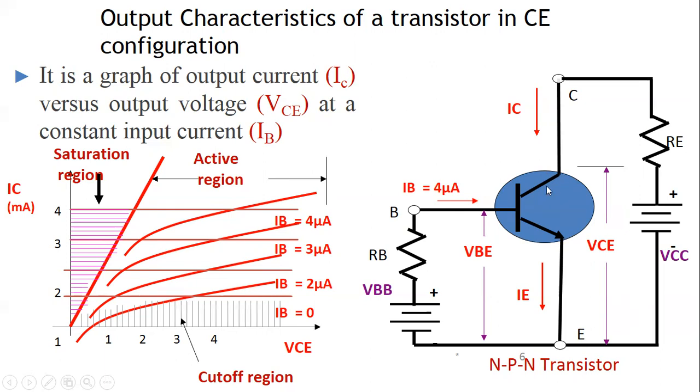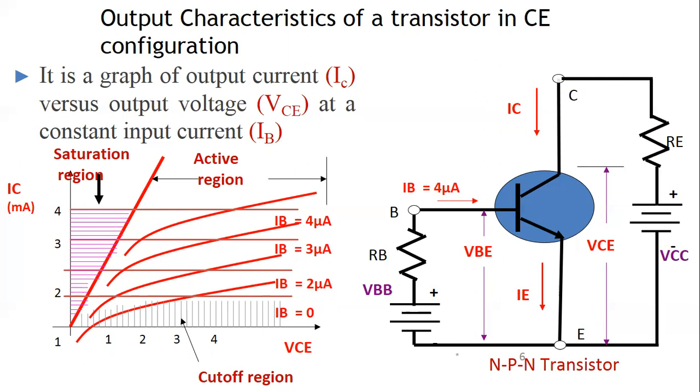Very high resistance will be offered between the collector and emitter, so we can say that no current is going to flow. The value of IC will be in the very small milliampere range, so the output circuit will not get triggered. Below this current, the transistor is in an off state, and we call this state the cutoff region.